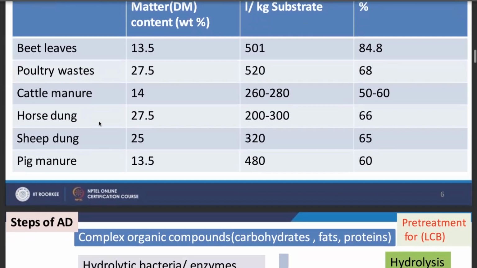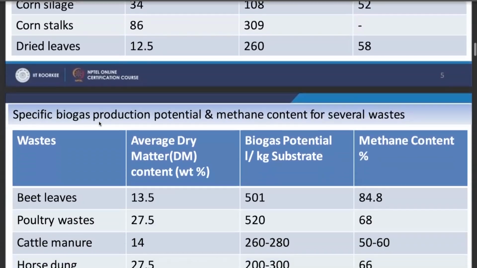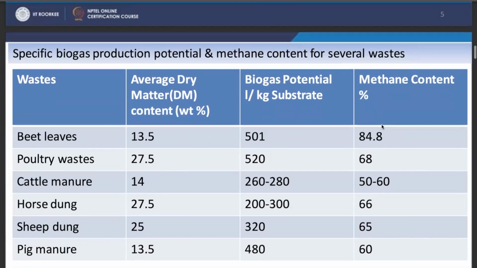So, and also you can make certain comparisons looking at these tables. For example, though the potential of biogas production is very high in cattle manure, but the content of methane is comparatively lesser than for say like even in this table for say with beet leaves. Though in beet leaves the biogas potential is very high, but the methane content is also high, right?